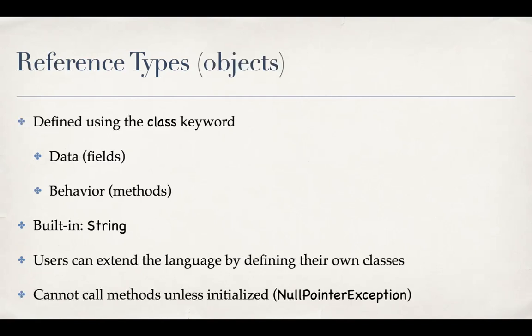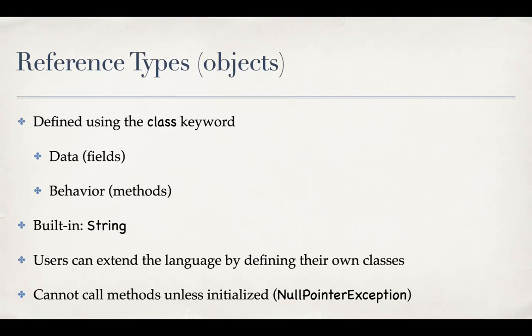Primitive types can be contrasted with what's called the reference types or objects. They are defined using the keyword class, and typically a class would have data as well as behavior. Data are called fields and behaviors are called methods. You can call methods on a class object, and you can give values for its fields.